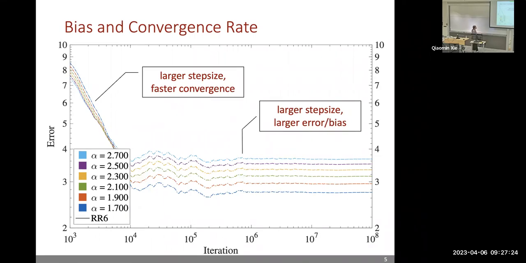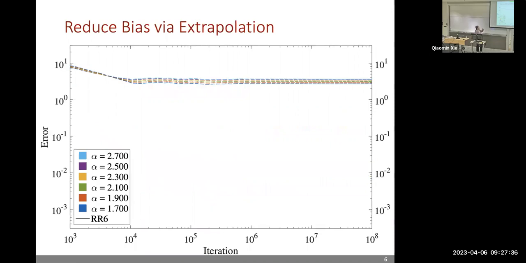Now you can see that for all these iterates with constant step size, the error is relatively large, on the order of about 2. This is just the same process as the previous slide; I just zoomed out and used a different scale.